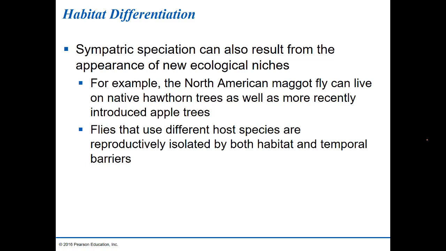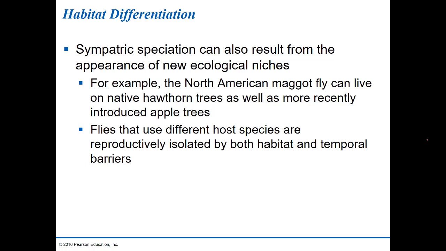Sympatric speciation can also result from the appearance of new ecological niches. So there's a maggot fly in North America that can live on its native hawthorn trees. And then when apple trees were introduced to North America, they started to move over and feed on these apple trees. Well, the flies don't really fly around very much. Even as adults, they pretty much stick to their host plant.